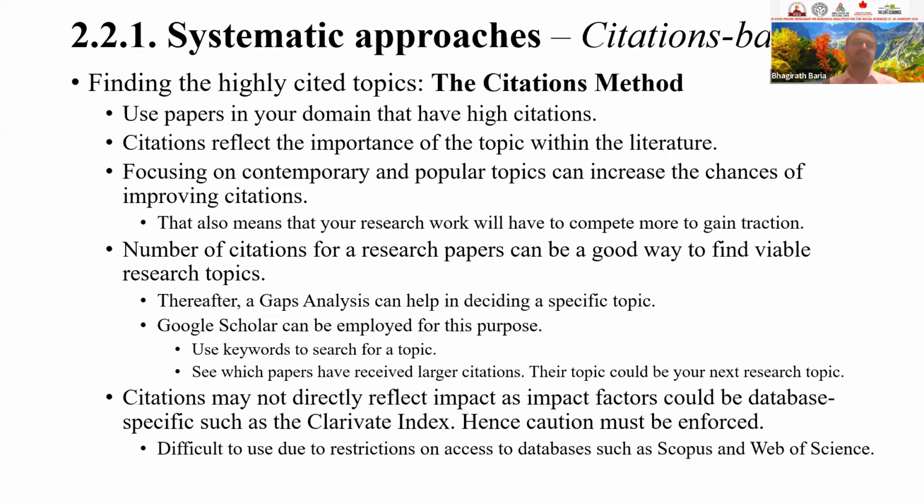You'll get a fair idea of the main topics in the domain of financial inclusion or HR management or cost management or masstige marketing or brand equity management. These are the main things which have been very popular for the last 10 years or the last 5 years. I would prefer to go for the last 5, maximum the last 10 years. So you get a trend, you get an idea, and then that could be your next research topic.